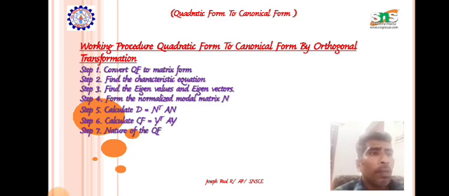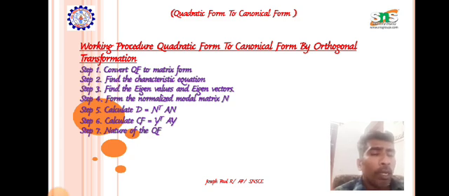We have five natures of a quadratic form: positive, negative, semi-positive, semi-negative, and indefinite. The nature is decided based on the eigenvalues. If all the eigenvalues are positive, it is positive nature. If all the eigenvalues are negative, it is negative. If one of the eigenvalues is 0 and the remaining are positive, it is semi-positive.